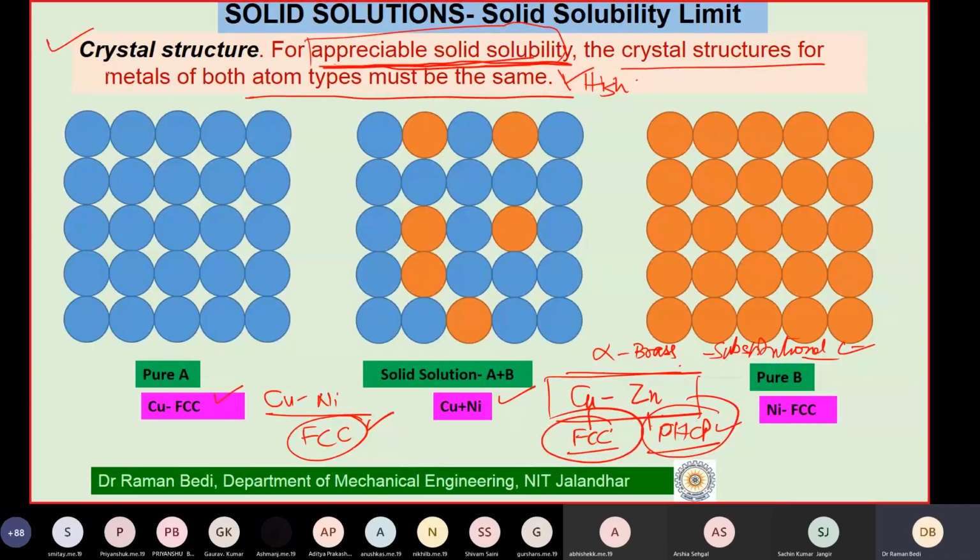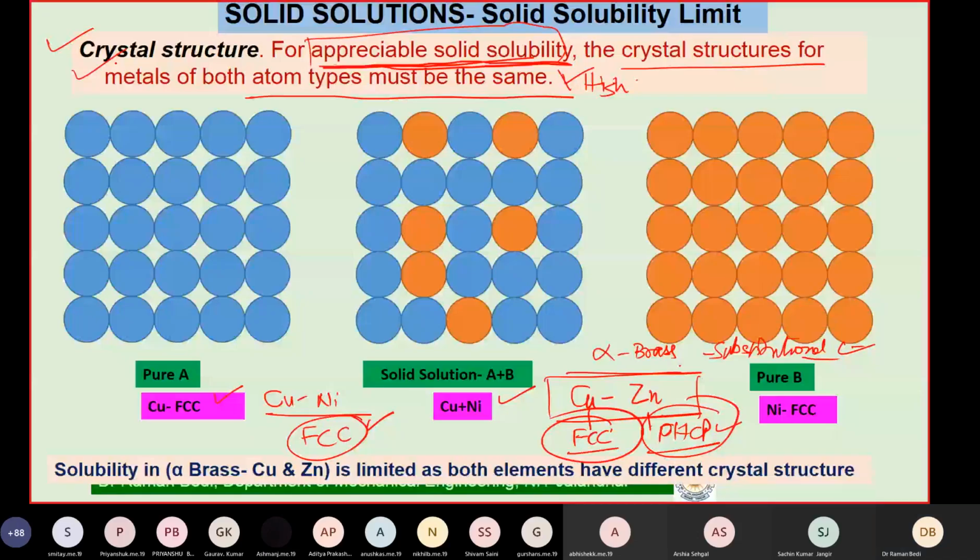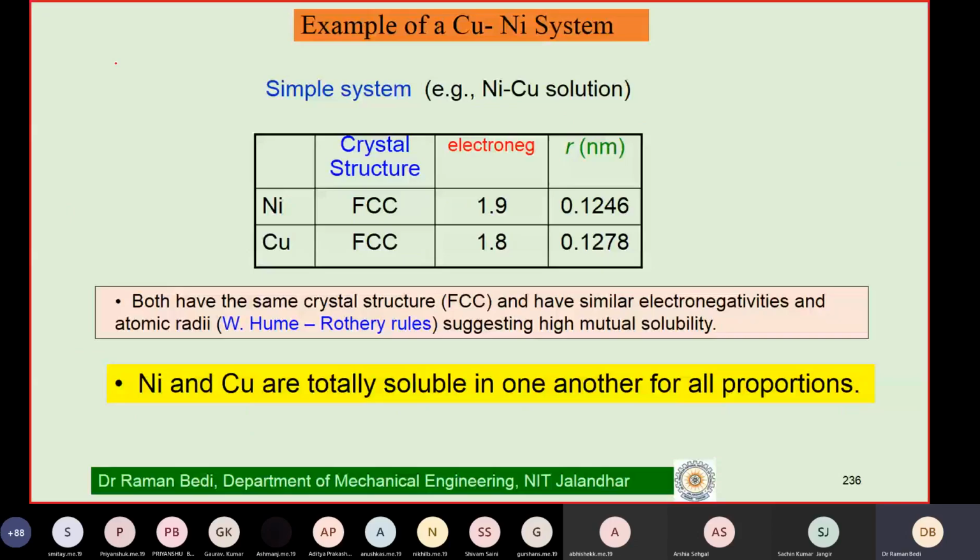This is the importance of crystal structure in forming solid solutions. The same crystal structure will give almost complete or very high solubility, whereas a different one will limit that.